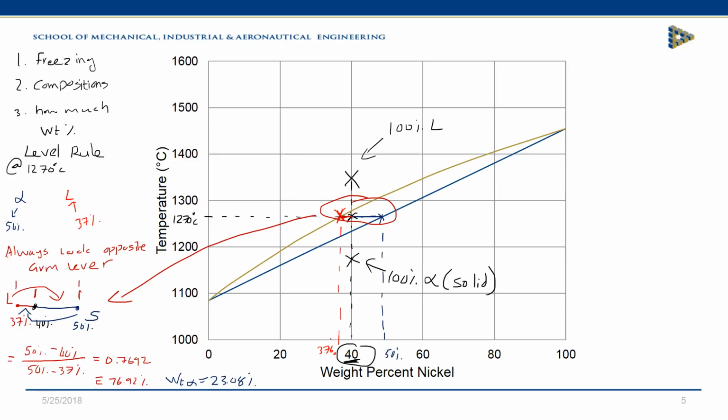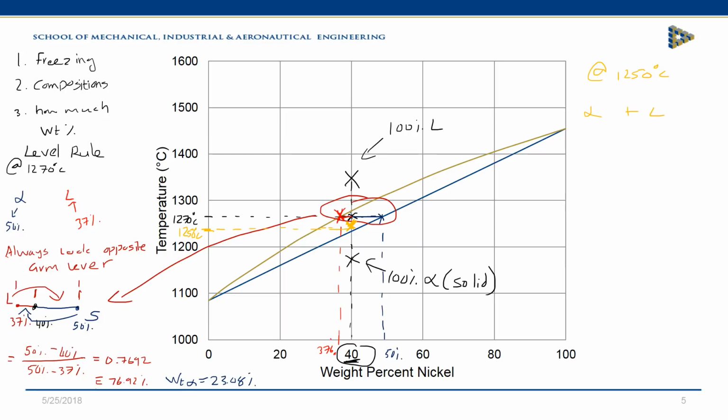So let us now take another point. I'm going to choose 1250 degrees, and now I want to ask the same questions. What are the phases present? What is the composition? What is the weight percentage? Once again, we draw a cross for the same alloy. Sorry, my line went a bit skew. Now I'm sitting about here, so once again I'm in the freezing range, so I've got solid and I've got liquid.